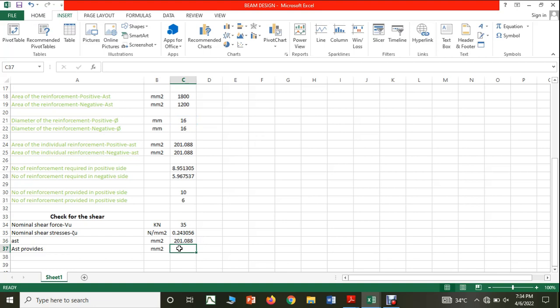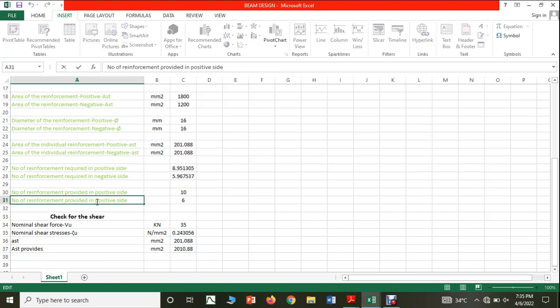Then the total Ast will be this into the total number of bars that you are going to provide. That will give you the total Ast. I'll just make a small change, it is the negative side.